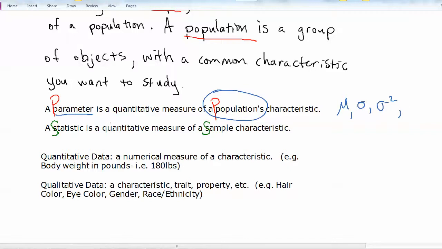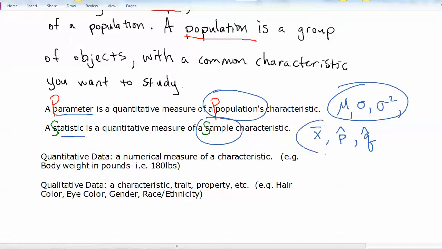And then statistics, or in other words, sample information, are denoted by English letters, our English alphabet, like X or P and Q and things like that. But we'll also put something like a bar over it, X bar for sample mean, or P hat for sample proportion, and so on, or Q hat. So expect things like Greek letters for parameters and our English alphabet for statistics. Okay.